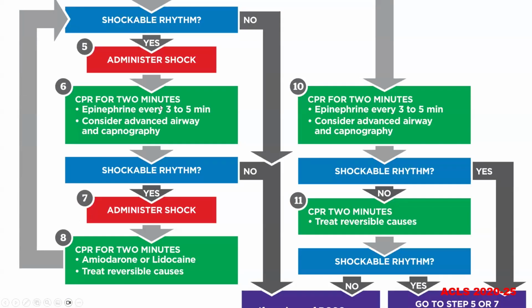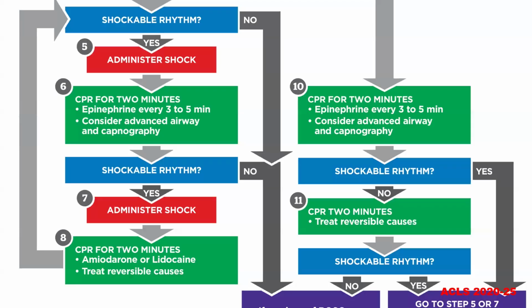So after a shock, give CPR for 3 to 5 minutes. Consider advanced airway and capnography at that time. And check every 2 minutes for shockable rhythm and shock, and continue high quality CPR. In those patients with no shockable rhythm, keep giving CPR and epinephrine every 3 to 5 minutes.